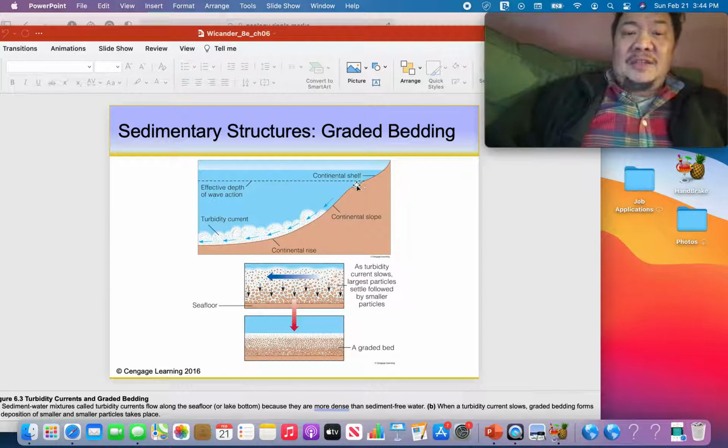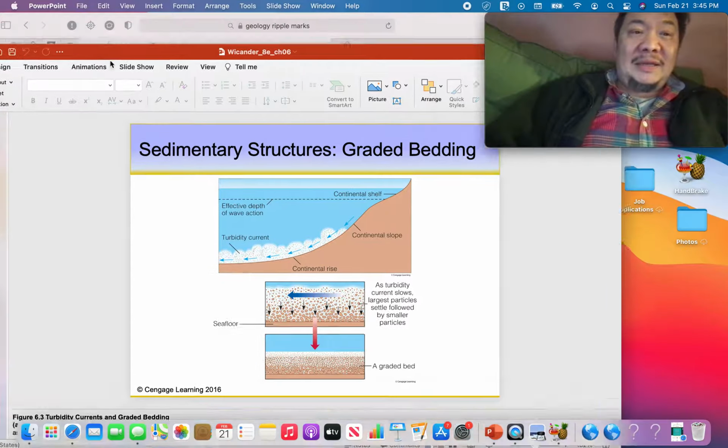Then we have a steep drop-off, a steep slope called the continental slope. And then as you go further offshore, you reach something called the continental rise. What's the continental rise? Well, the continental rise is this little bump of sediment on the base of the continental slope. Once you get beyond the continental rise, you're in the deep ocean.